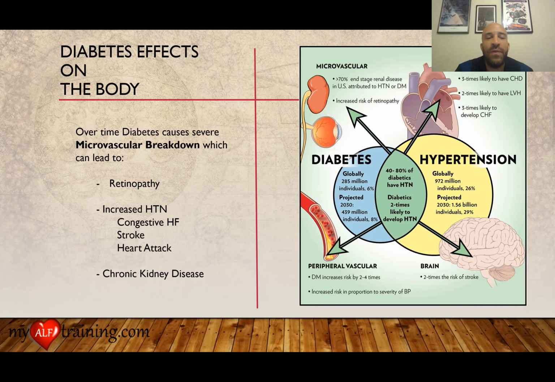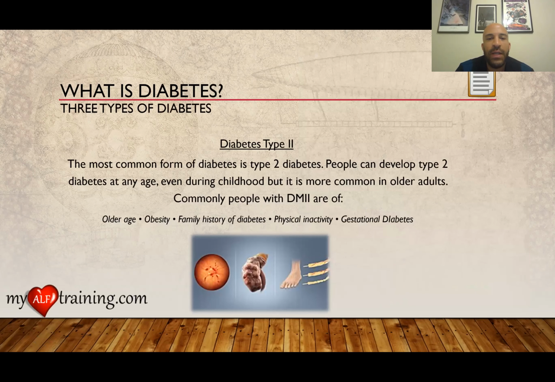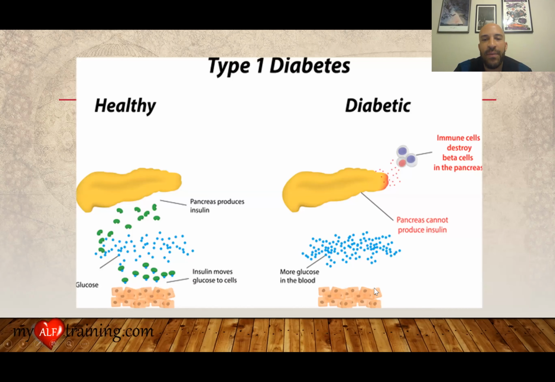diabetes causes very severe microvascular breakdown. Now, if you recall in the previous slide, we talked about the difference between a healthy pancreas and an unhealthy pancreas, and how with the unhealthy pancreas of the patient with diabetes, there's more glucose in the blood.